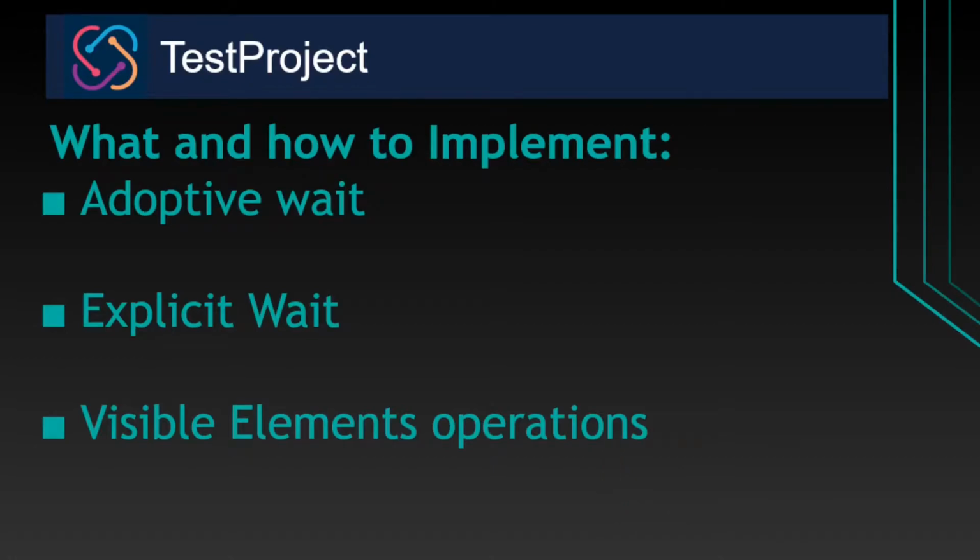Adaptive wait means, let's assume, any software that is built requires a client and also a server, and sometimes service versus service. Whenever you perform some action in the application, let's say a login action, you provide your username and your password and click on login. Once you click on login, you land on the home page.